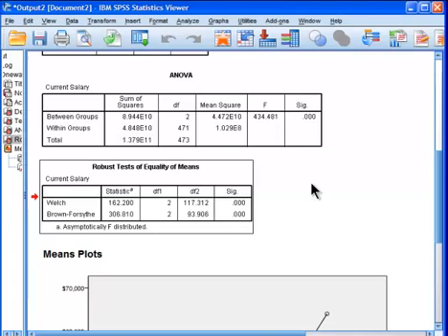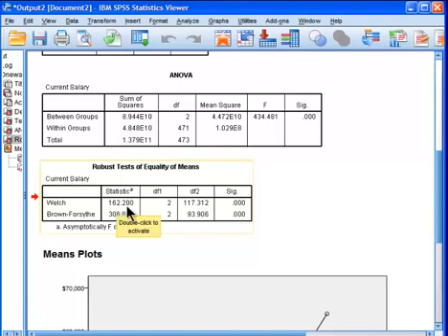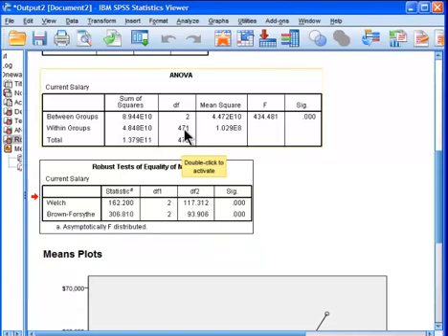But the Welch's statistic is statistically significant, and we can see that the degrees of freedom are actually quite different. In fact, that's part of the Welch's procedure: it adjusts the degrees of freedom. Over here, the error degrees of freedom is 471, whereas for the independent groups, the numerator degrees of freedom is 2.